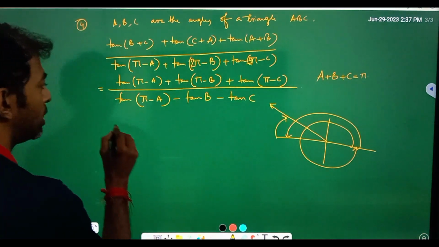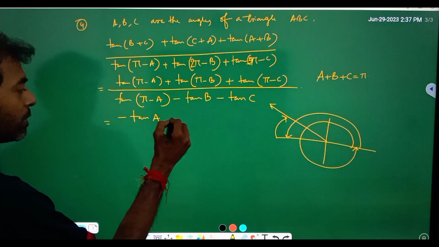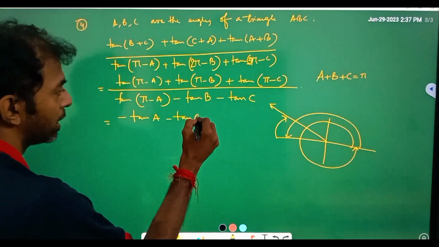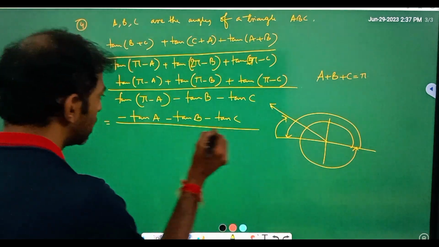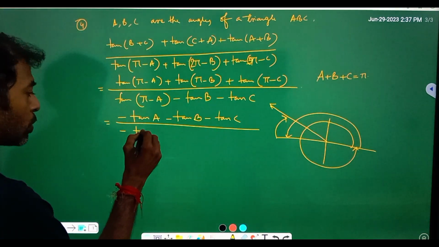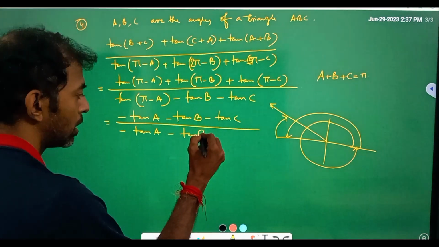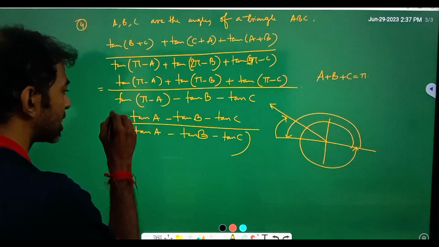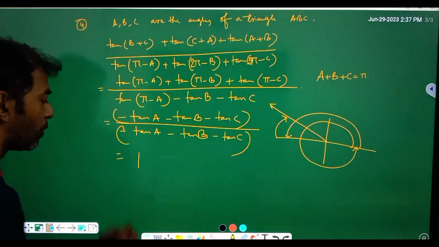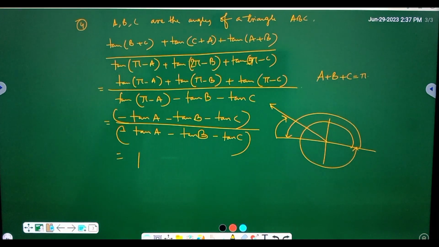Then tan(pi minus a) will be minus tan a, tan(pi minus b) will be minus tan b, tan(pi minus c) will be minus tan c here, and in the denominator part that will also be minus tan a, minus tan b, minus tan c, and the total cancels each other, and the total result will be 1. So that's our fourth problem. So this is the way you need to solve this one.